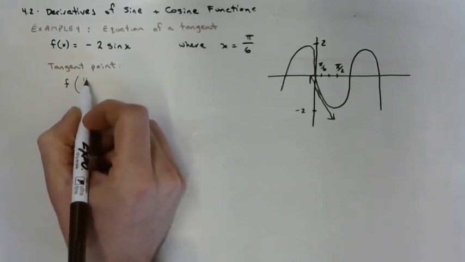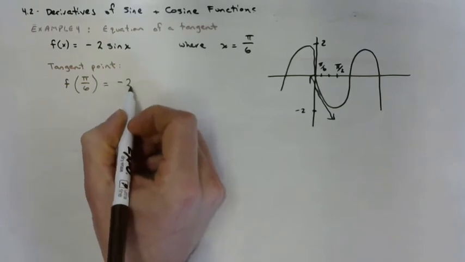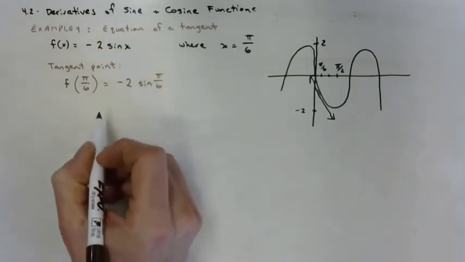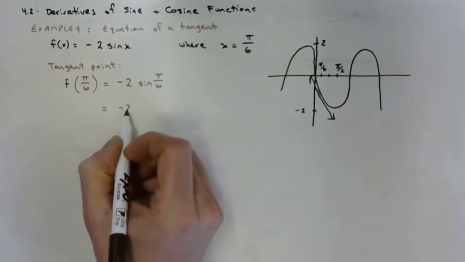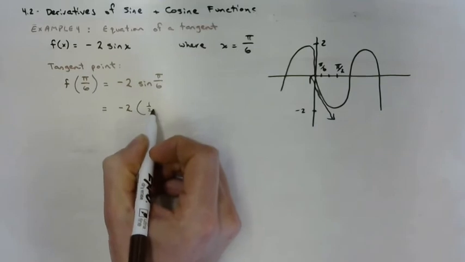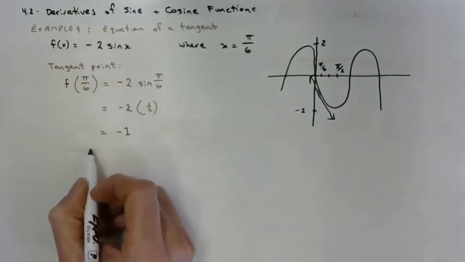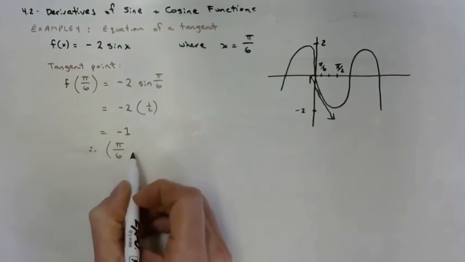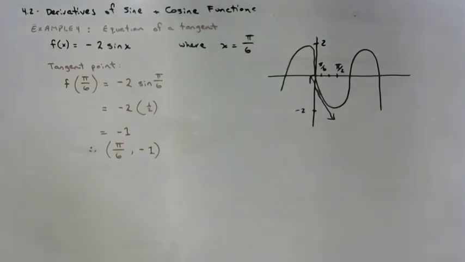So we're finding f of pi over 6 equals -2 times the sine of pi over 6. Sine of pi over 6 is 1/2, so we have -2 times 1/2, which is -1. So the point that we're going through here is pi over 6, -1.